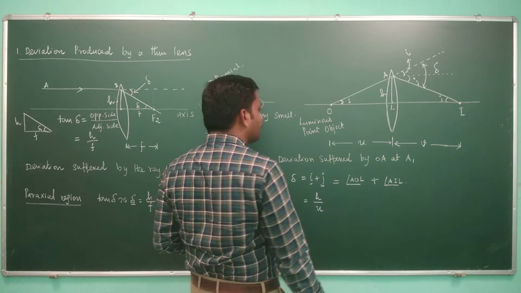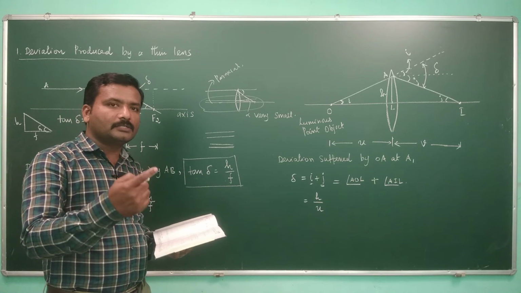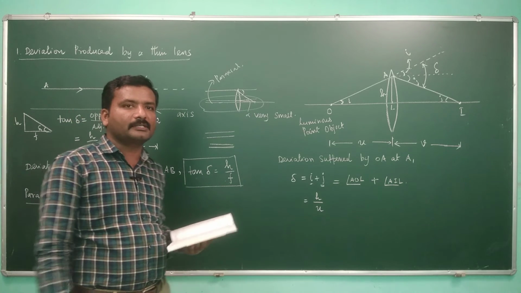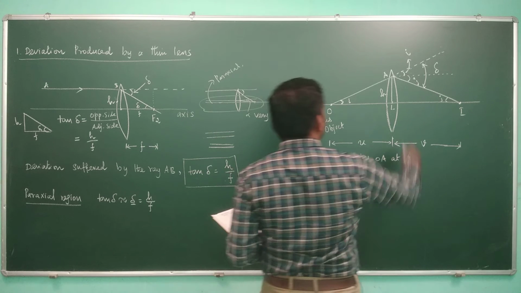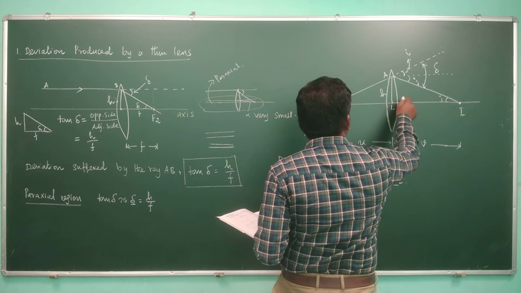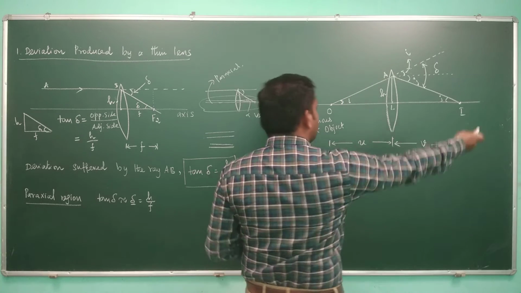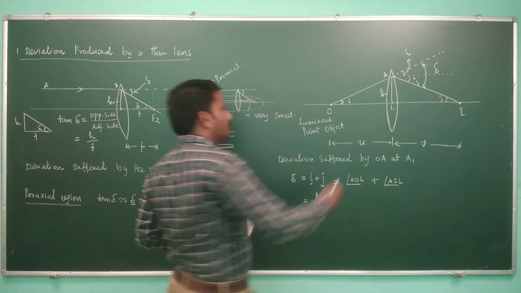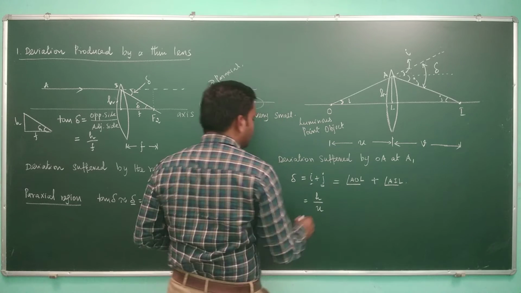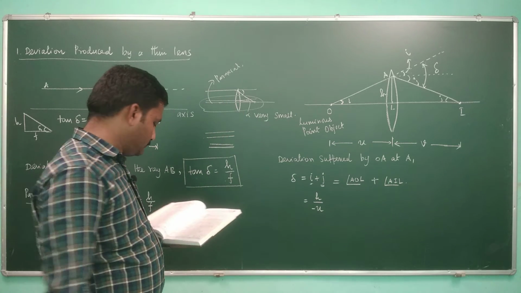Now, you recollect the concepts that we discussed in the sign convention. All the quantities on the right side of the vertex are positive, and those on the left side of the vertex are negative, so you should write h by minus u.